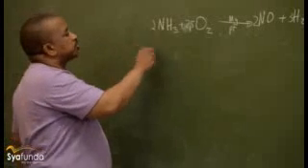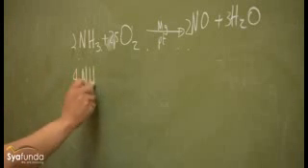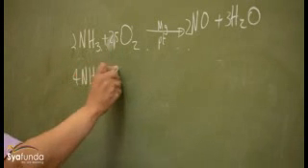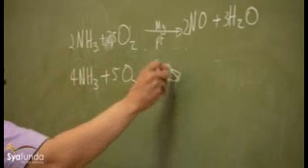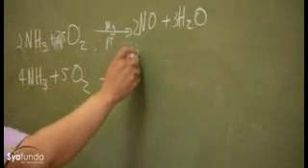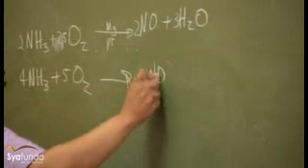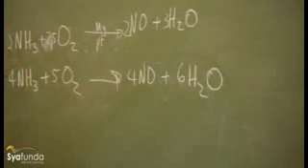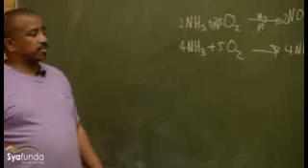So 2 times 2 is 4 NH3, plus 2 times 2,5 is 5 O2, yields 2 times 2 is 4 NO plus 6 H2O. Now this is the balanced equation.